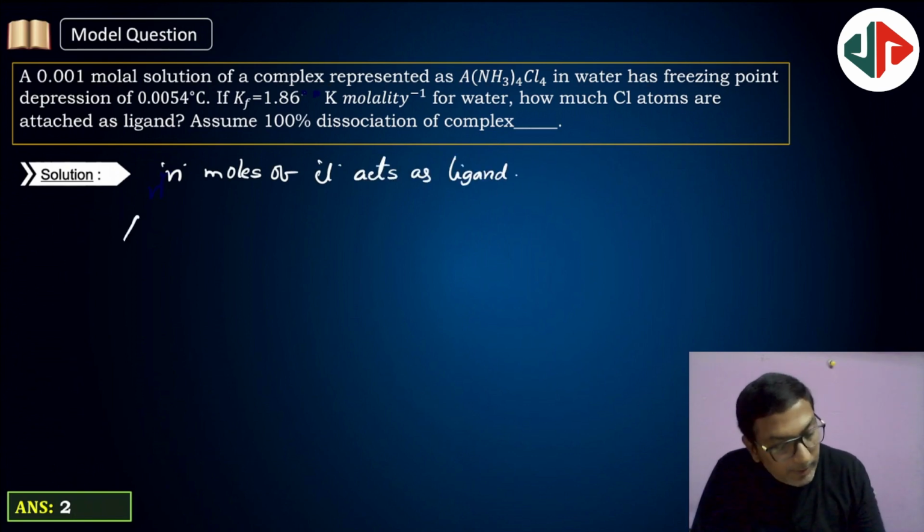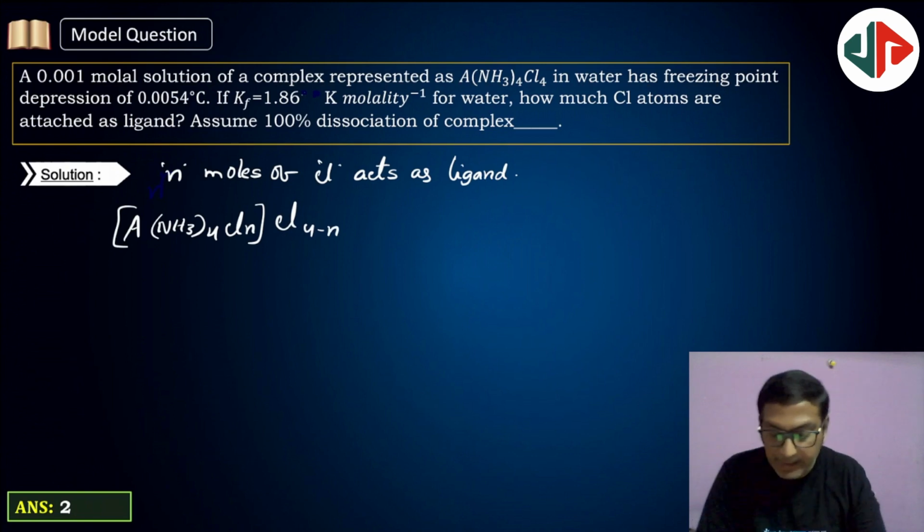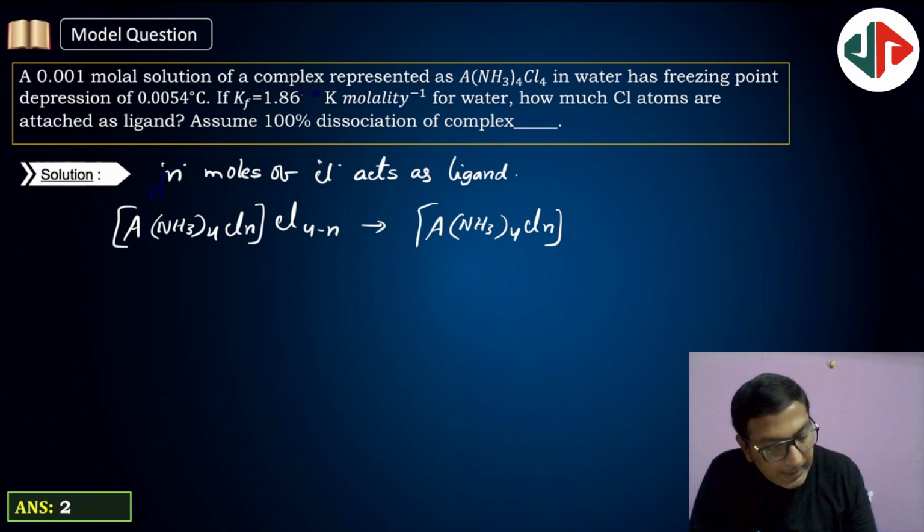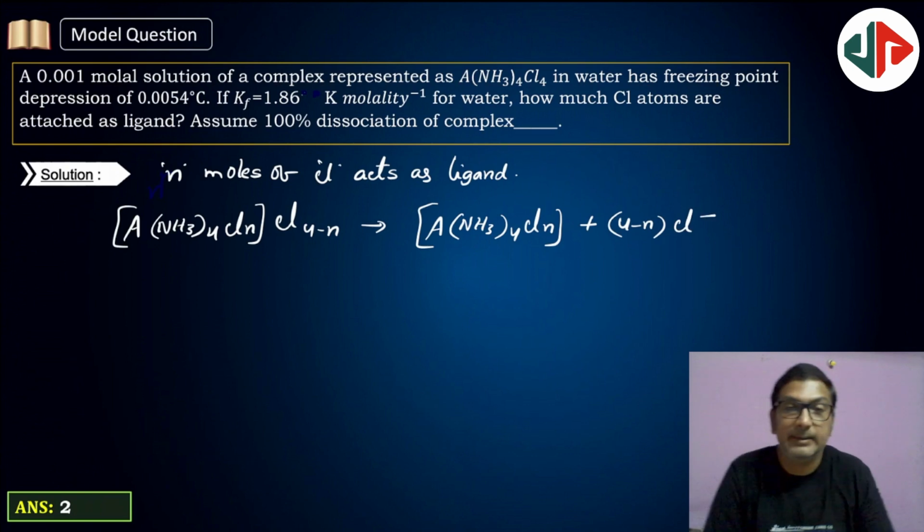So we can write the formula A[(NH3)4Cln]Cl(4-n). So it dissociates to A[(NH3)4Cln] plus (4-n) into Cl minus.